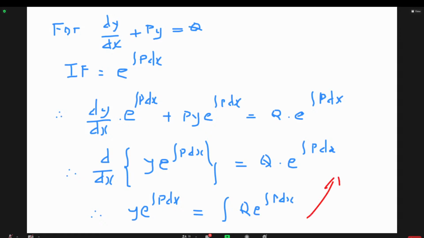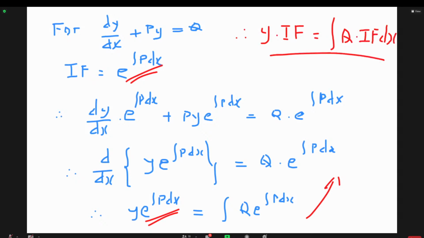So therefore, y times the integrating factor, if you look here, I'm just using IF instead, just so that you see, is equal to the integral of Q times the integrating factor dx. All right, and that's what we need.